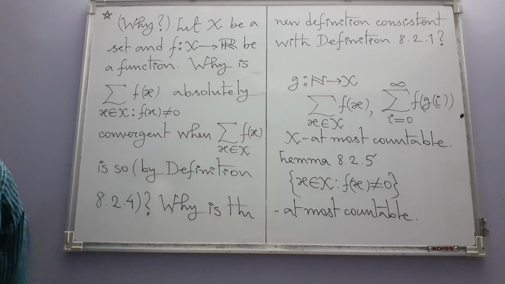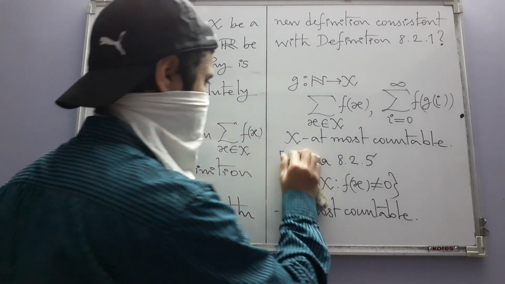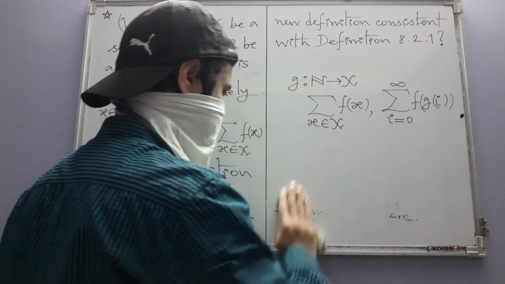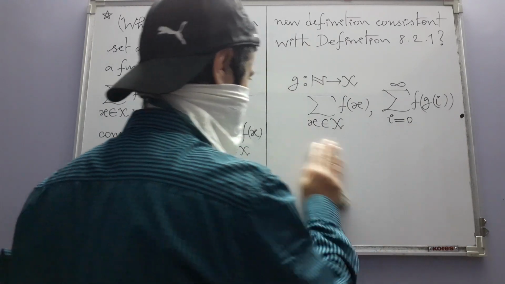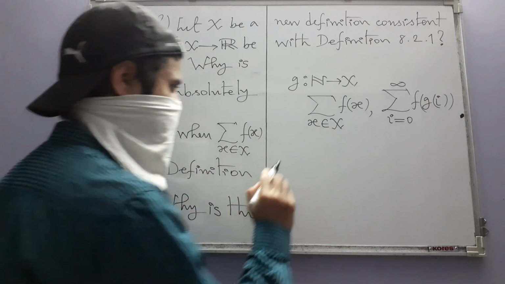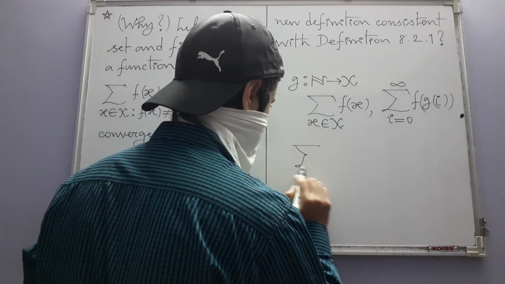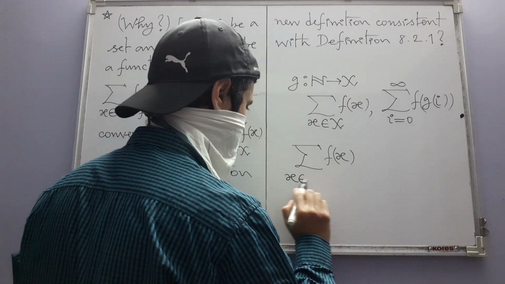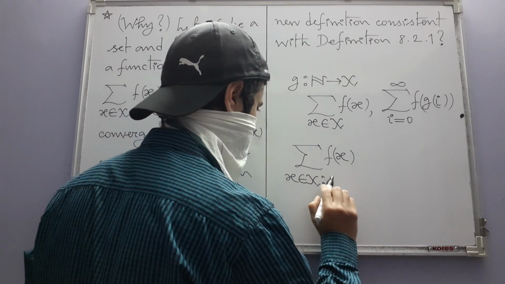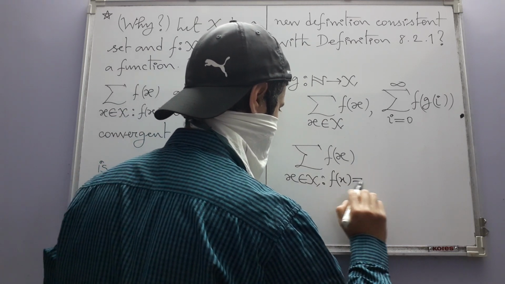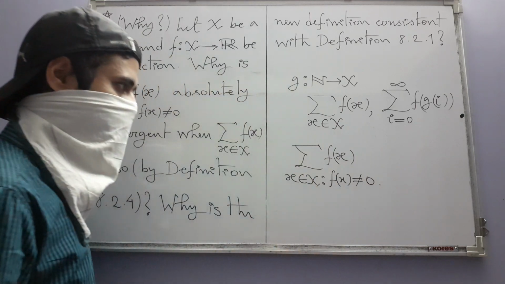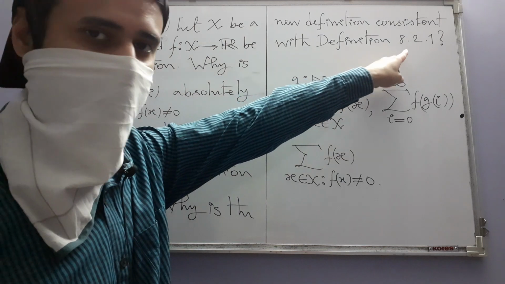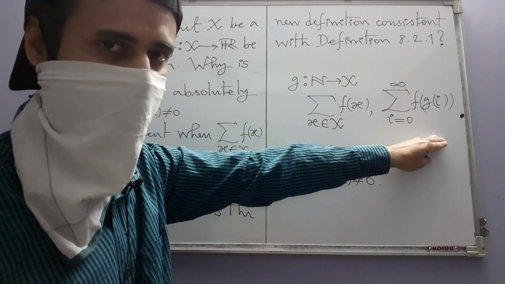The value of this sum, at the same time, using definition 824, is the value of this sum, and the value of this sum itself again comes from definition 821, just like this one.